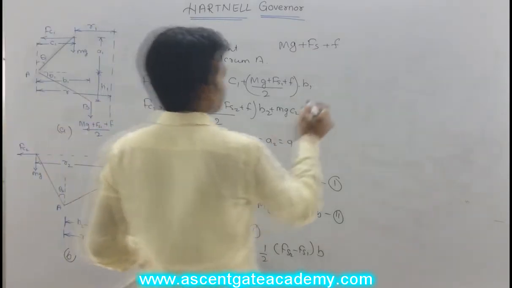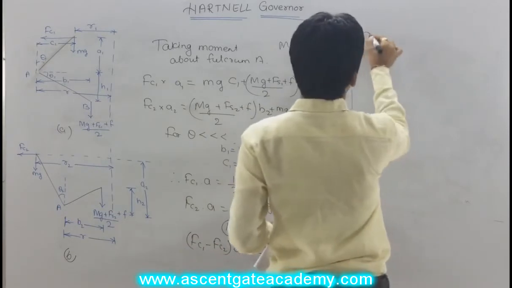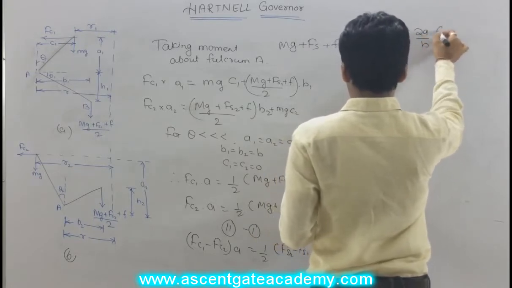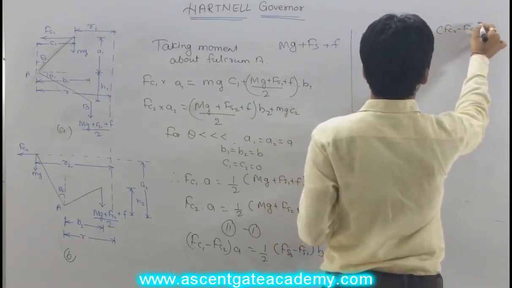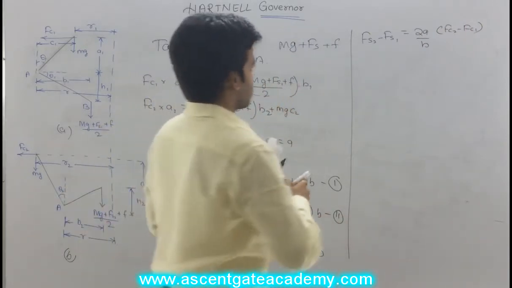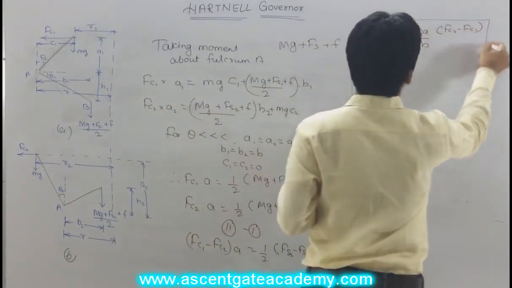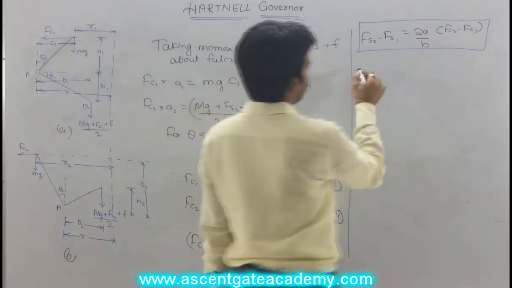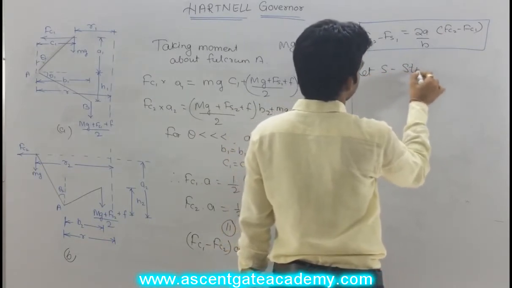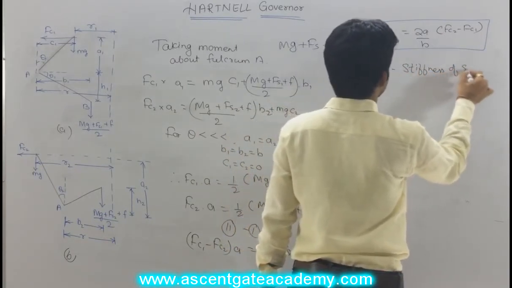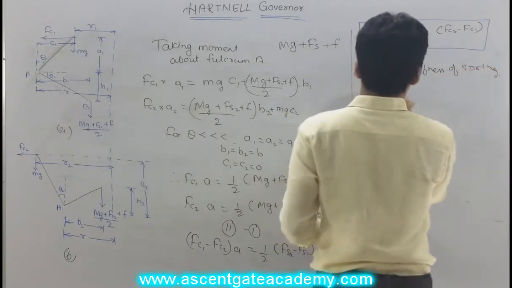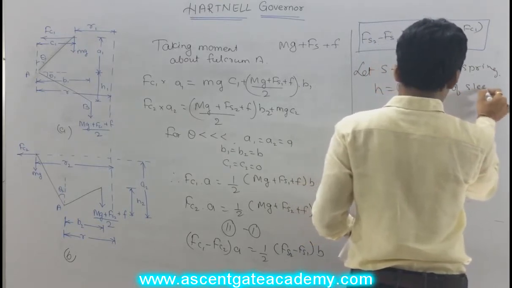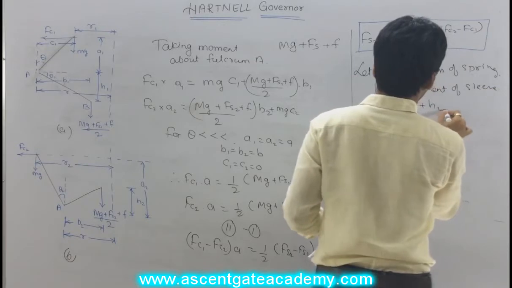Okay. So from here we can get the value of Fs2 minus Fs1, difference in spring force. So this will be equal to 2A by B into Fc2 minus Fc1. Getting this now? Okay. First thing. Now let S be the stiffness of a spring, and small h is the movement of sleeve, which is equal to h1 plus h2, as I told you.